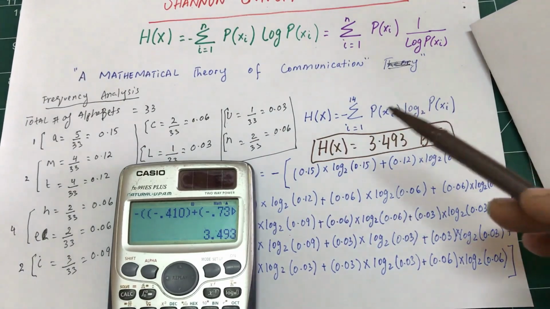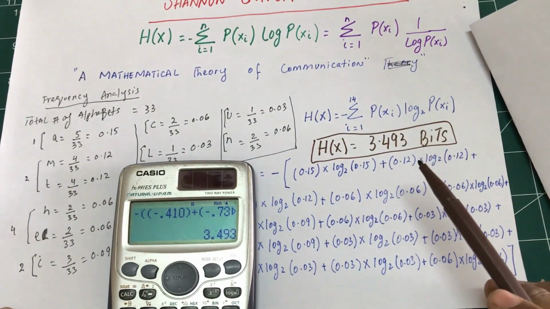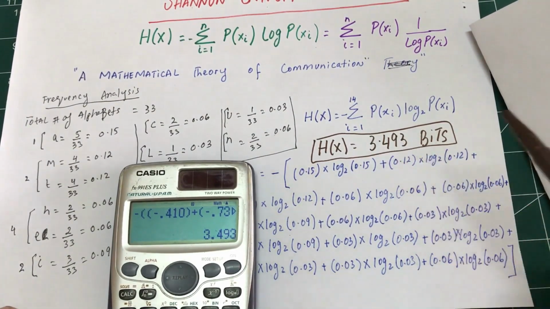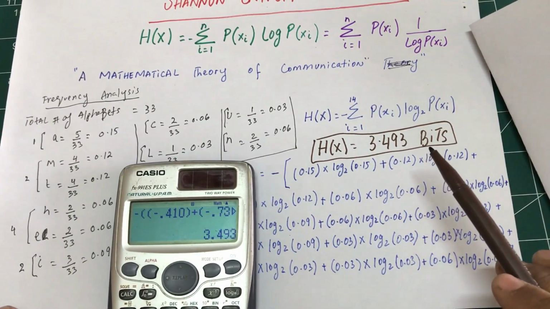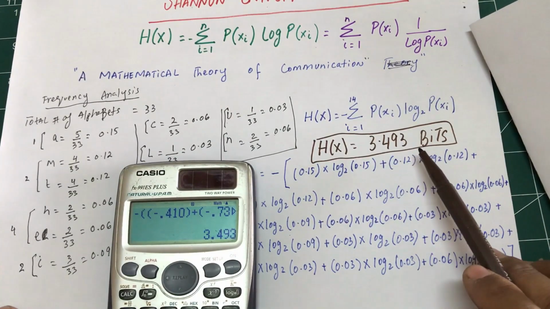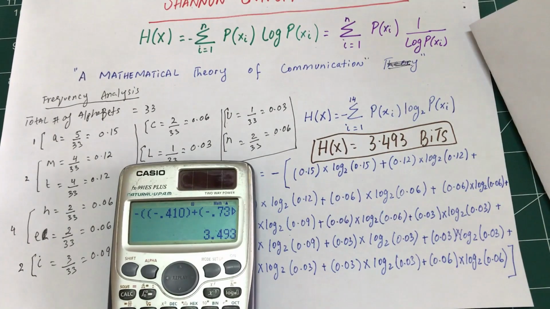But based on Shannon entropy and these source coding algorithms, I can transmit the same information in fewer bits. I hope you like this small tutorial on information theory and Shannon entropy.